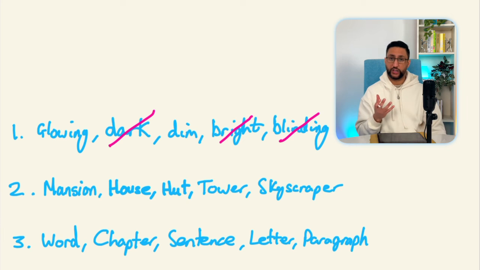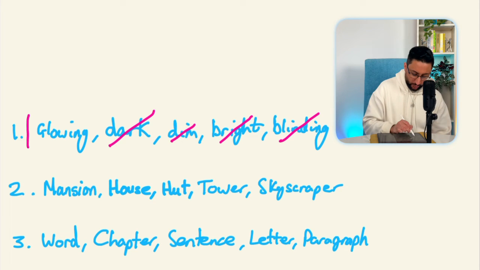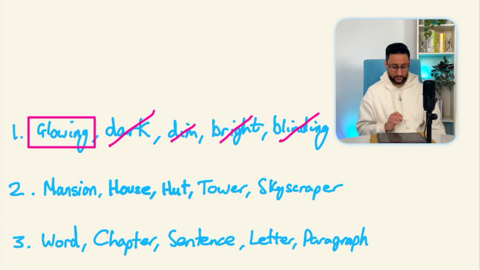Now this is where it gets tricky. We've got glowing and dim. They are fairly close in terms of their meaning, but I would say that dim is the less bright of the two, and glowing would therefore be our middle value. If you think about a fire that's gone off, but it's still glowing with embers, that would be brighter than something that is just dim.